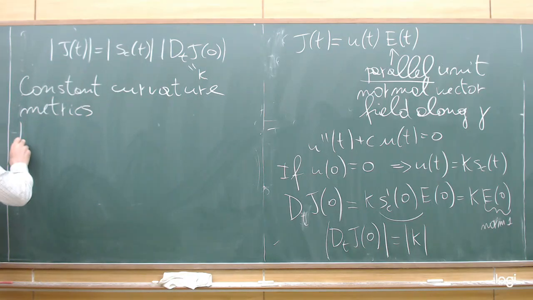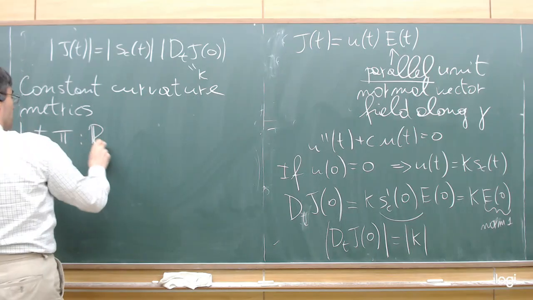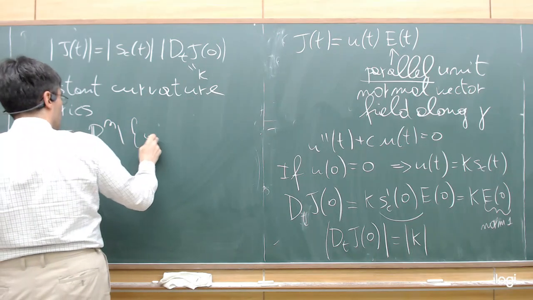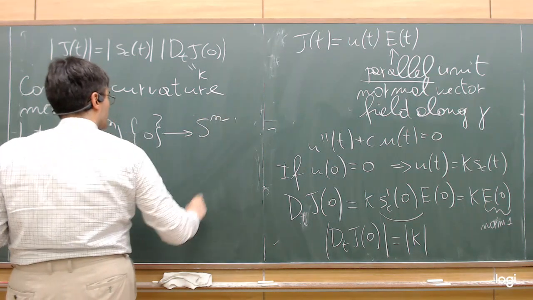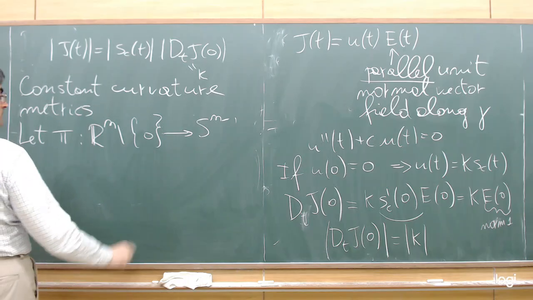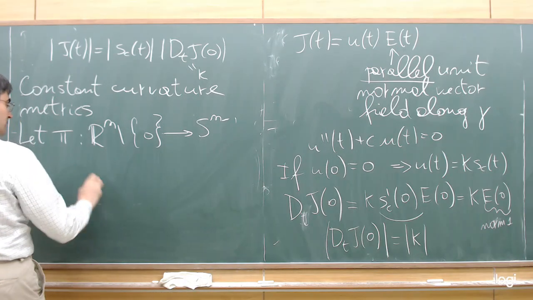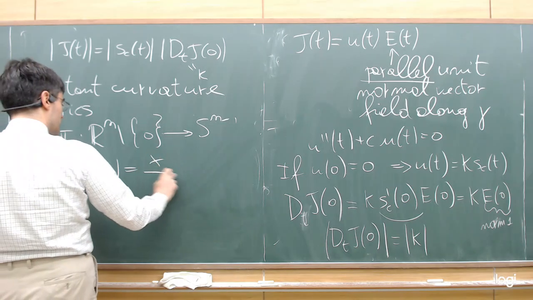So let pi be the map defined on R^n minus the origin with values in S^(n-1), given by this formula.